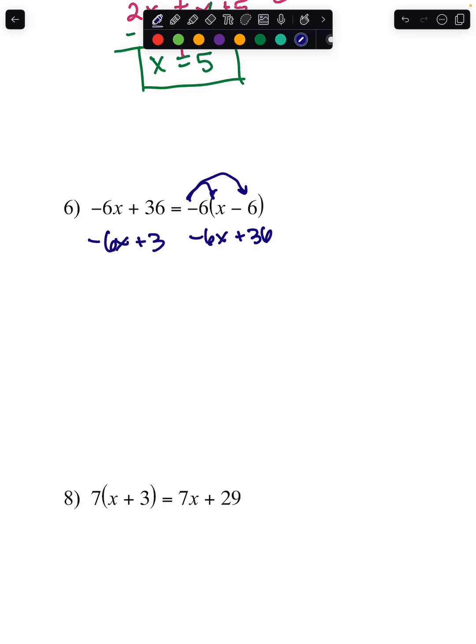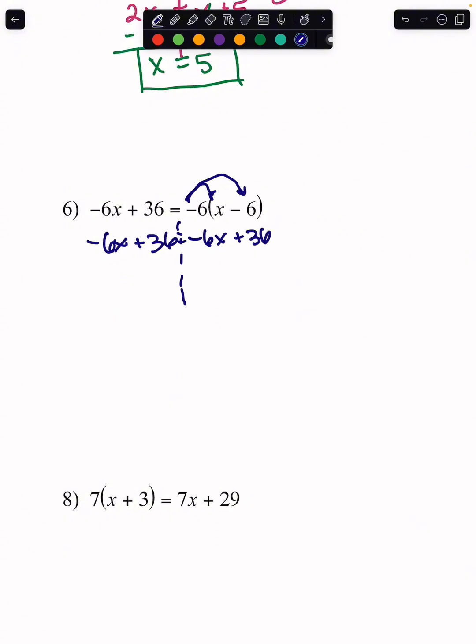Okay. And then remember, we want all our variables over here, constants over here. So I'm going to add 6x to both sides. And then I'm going to subtract 36 from both sides. That cancels. That cancels.